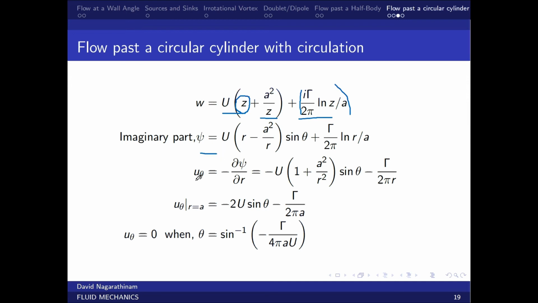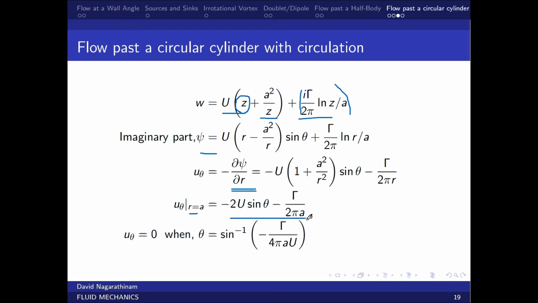Now the azimuthal velocity is represented by minus dou psi by dou r. Upon differentiating psi partially with respect to r, we have this particular functional form for azimuthal velocity. At the surface of the cylinder, that is at r equal to a, the azimuthal velocity is represented by this particular functional form.